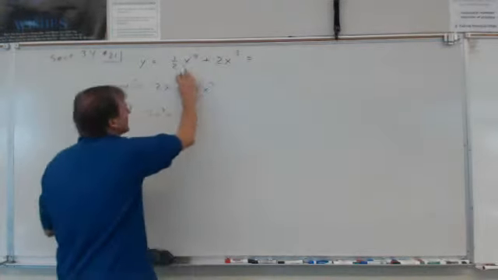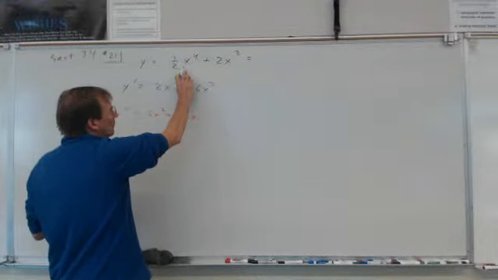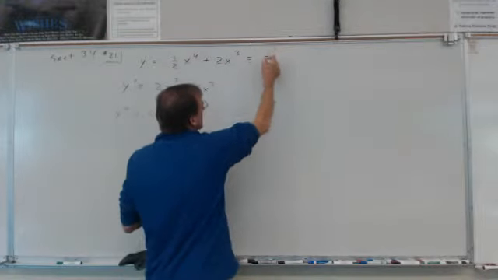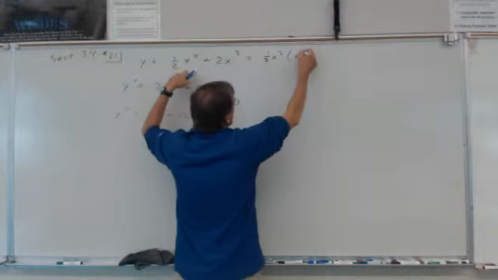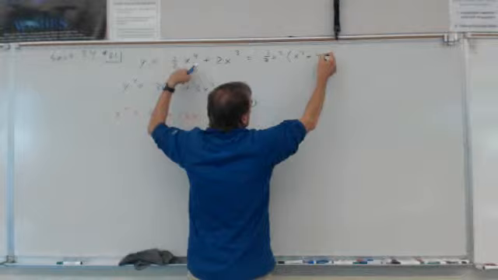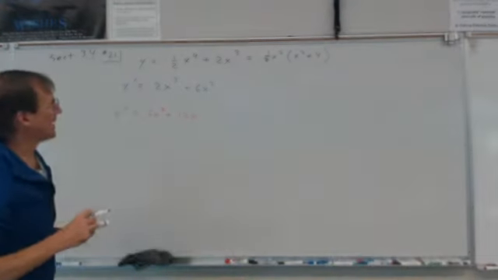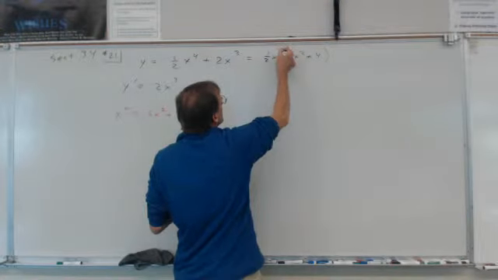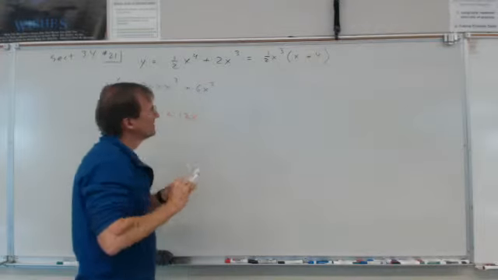So here, if I factor out a 1/2 x squared, what's going to be left here is an x squared, and then plus 4x. I'm sorry, plus 4. Well, I guess really what I want to factor out is an x cubed, don't I? I'm going to factor out a 1/2 x cubed, and then I'm going to get an x plus 4.